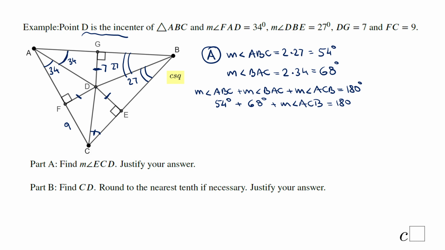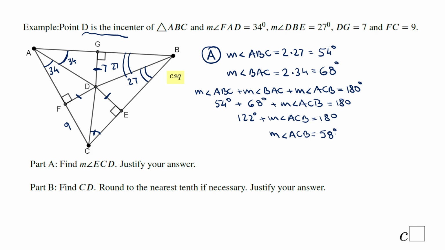We're going to add 54 and 68, and that will be 122 plus the measure of angle ACB equals 180. So one more step to find the measure of angle ACB is to subtract 122, that will be 58 degrees.